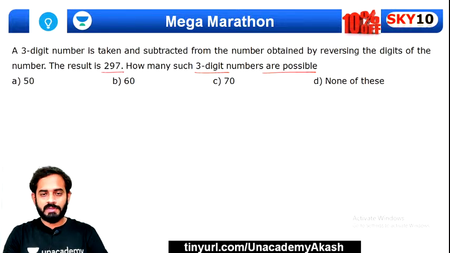Let's say there is a number ABC. This is the original number. When we subtract this number from a number which is formed by reversing the digits of ABC, that is when this is subtracted from CBA, in that case you'll get 297.